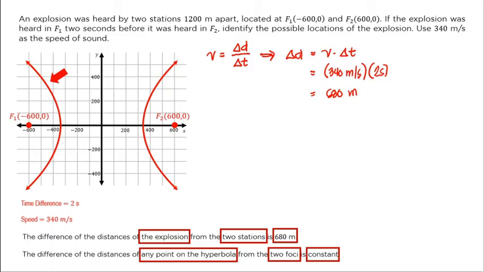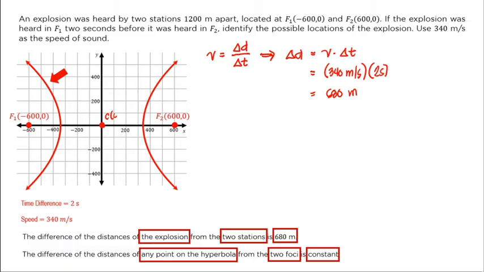Then it will follow that to solve the problem, we just need to find the equation that will describe this hyperbola. So what we are looking for here is the equation of the hyperbola. We will just restrict that to the left branch. Now, from the illustration, from our diagram, it is clear that the center is at the origin.